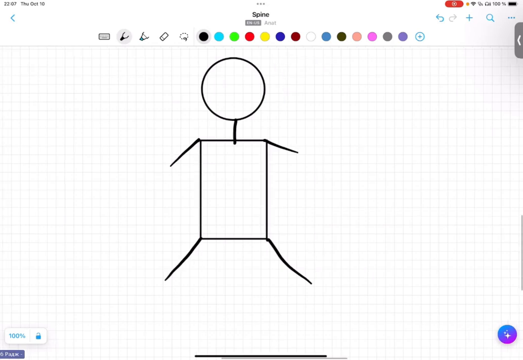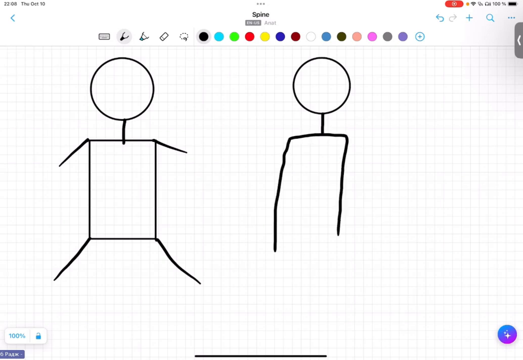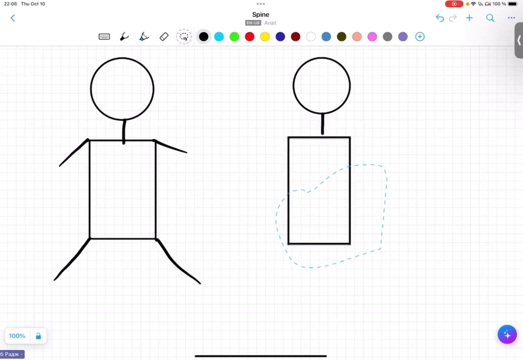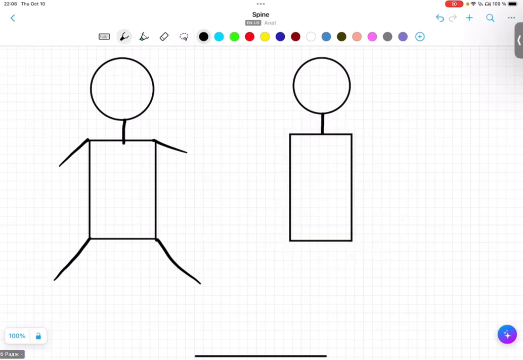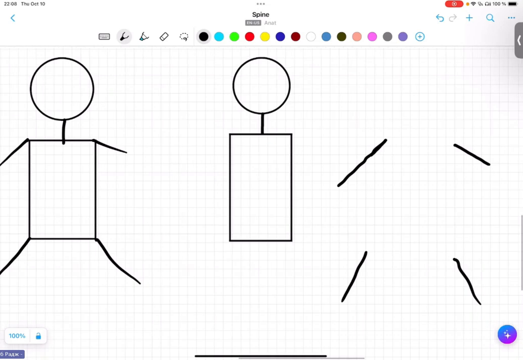If we go to categorize it, we will categorize the skeleton into two parts. This part is known as the axial skeleton, which is forming the axis of your body. And then we can form another, the appendicular skeleton, which is forming the appendages.